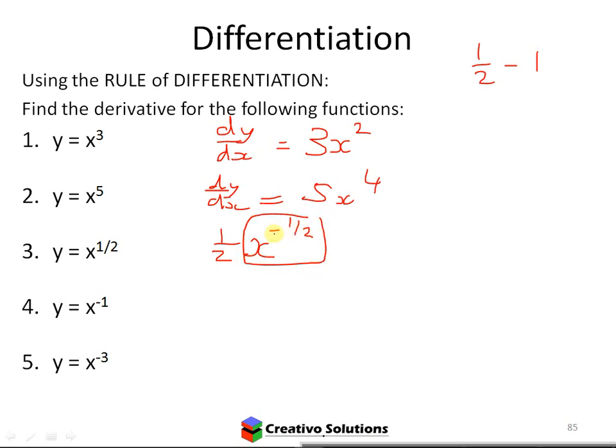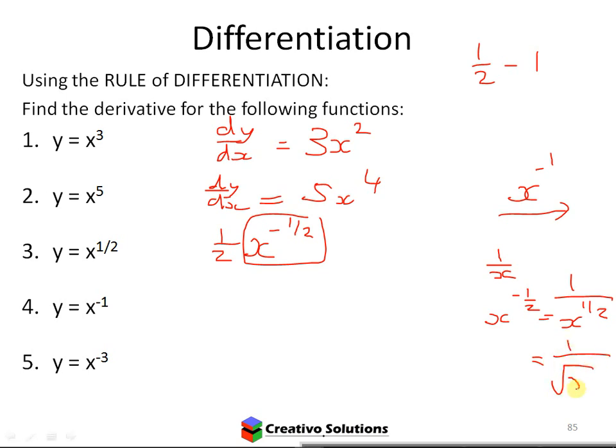No. If you've got a minus, what does that mean? Denominator. Okay, so x to the minus 1 is 1 over x. So x to the minus a half would be 1 over x to the half. Right, x to the half is the same as root x. Okay, is that right?